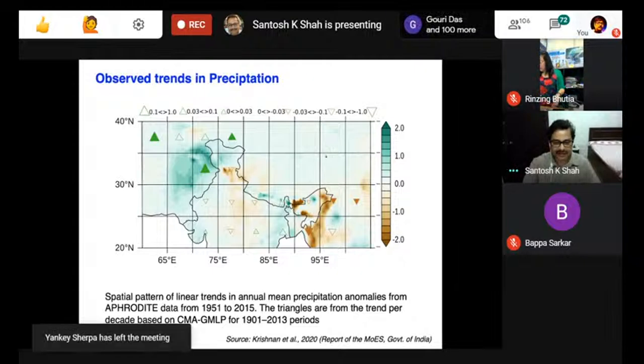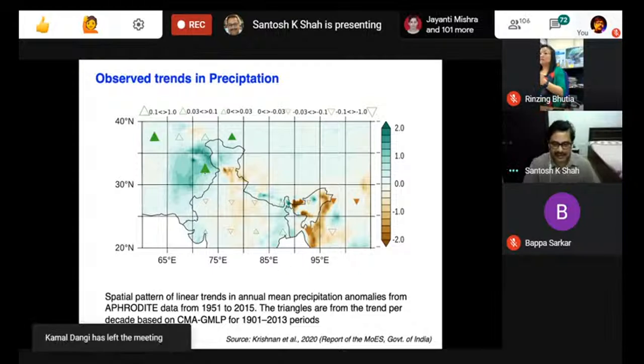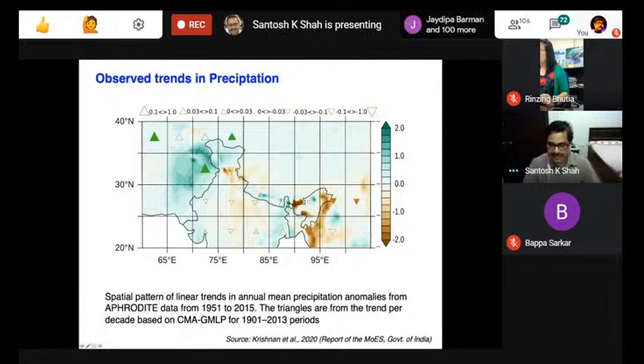If you go towards the northwest part of India and the Himalayan region, the Karakoram region, there is a positive trend, like precipitation is higher. And if you see the eastern part of the Himalaya, this portion, the trend is decreasing.